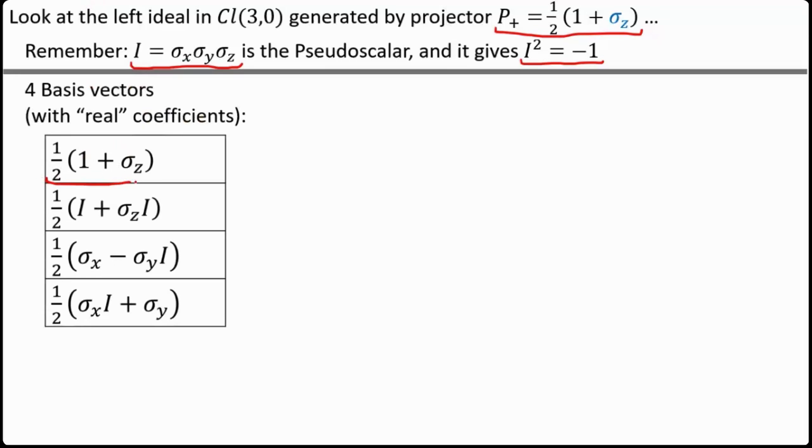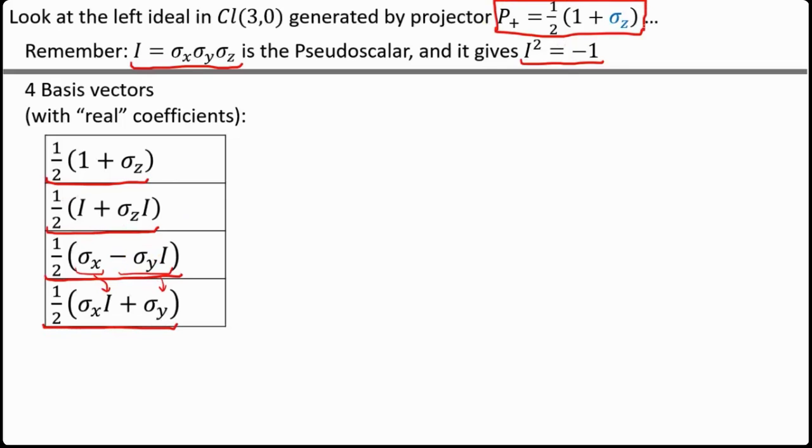So we have this, and then that same thing multiplied by I, and then we have this, and then that same thing multiplied by I, because when we multiply by I, this negative I becomes a 1, and then that just becomes an xi. So this is our projected down 4-dimensional space that the P plus gave us.